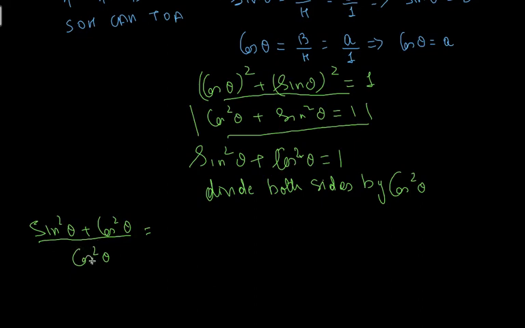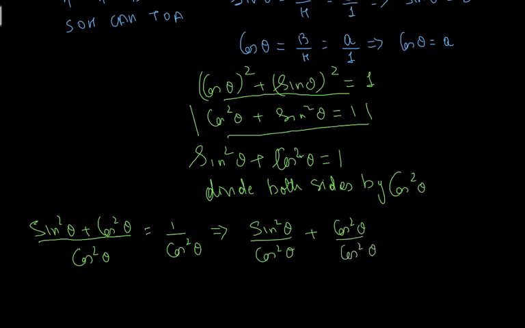To ensure that the equation doesn't change, we divide this side also by cos square theta. This implies we can also write it as sine square theta by cos square theta plus cos square theta by cos square theta. This is equal to 1 over cos square theta.